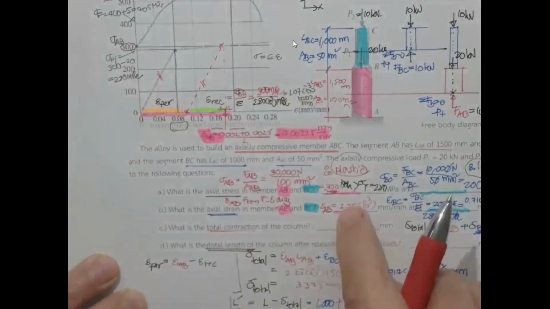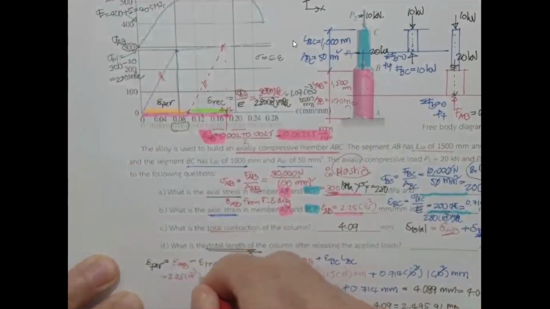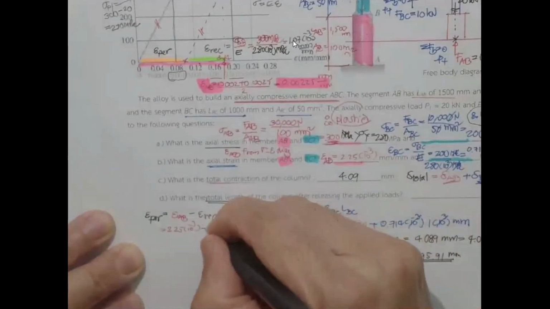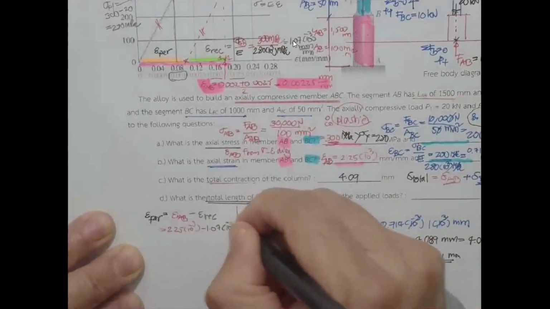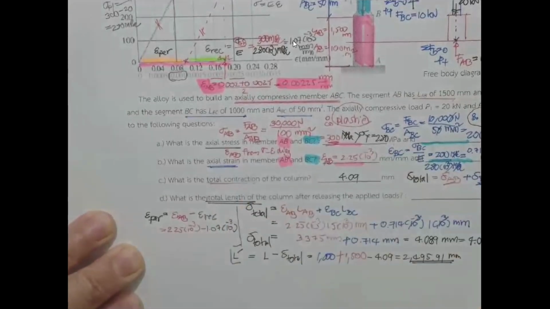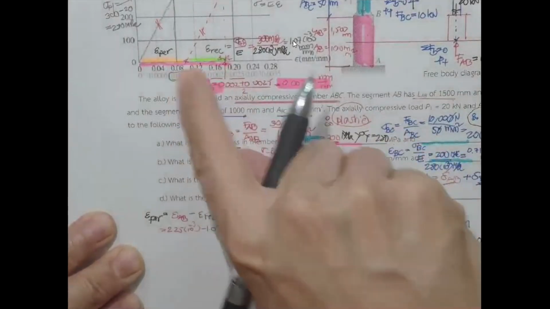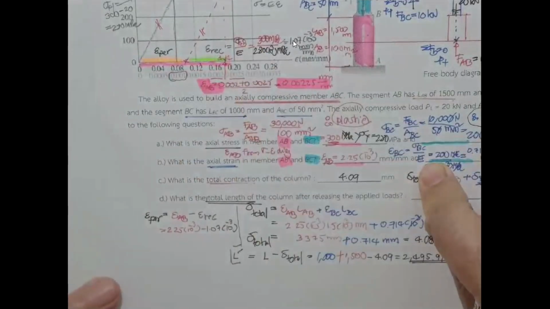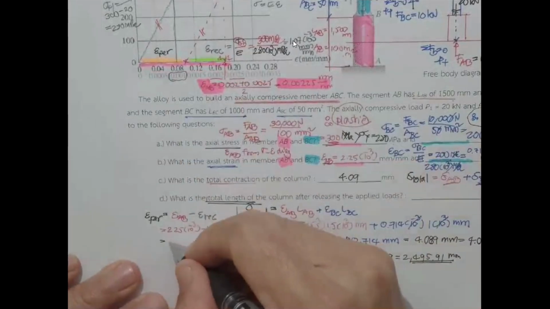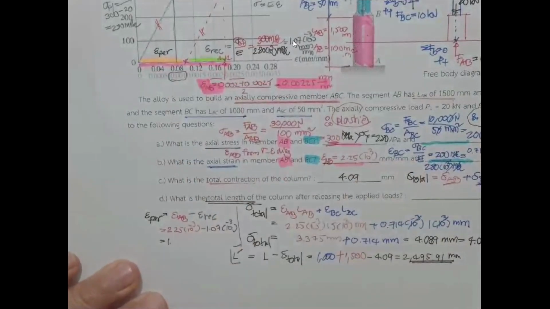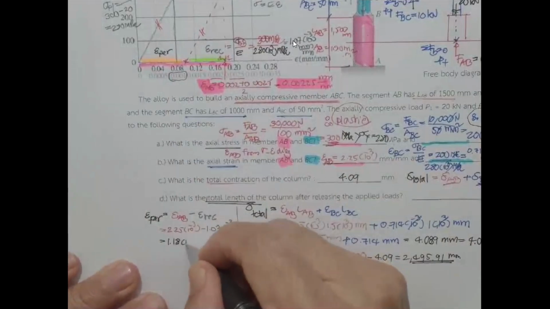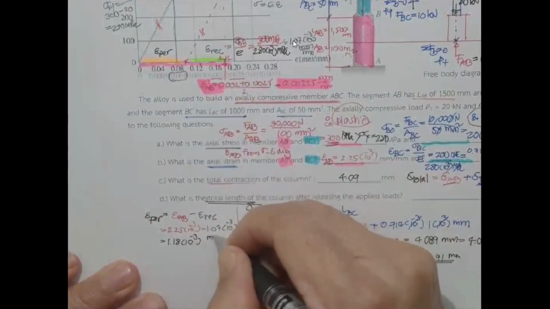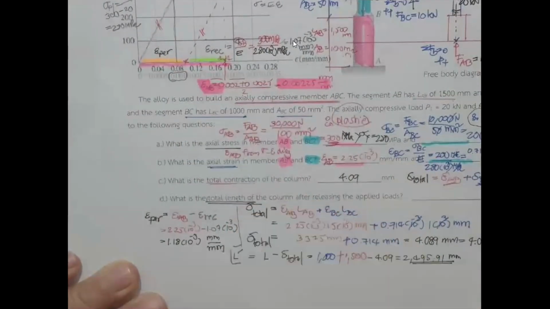Then this is 2.25 times 10 to the minus 3. Strain recovery over here is going to be 1.07 times 10 to the minus 3. Then you have the orange equal to the pink minus the green. You got the result. Strain permanent is going to be equal to 1.18 times 10 to the minus 3 millimeter per millimeter.